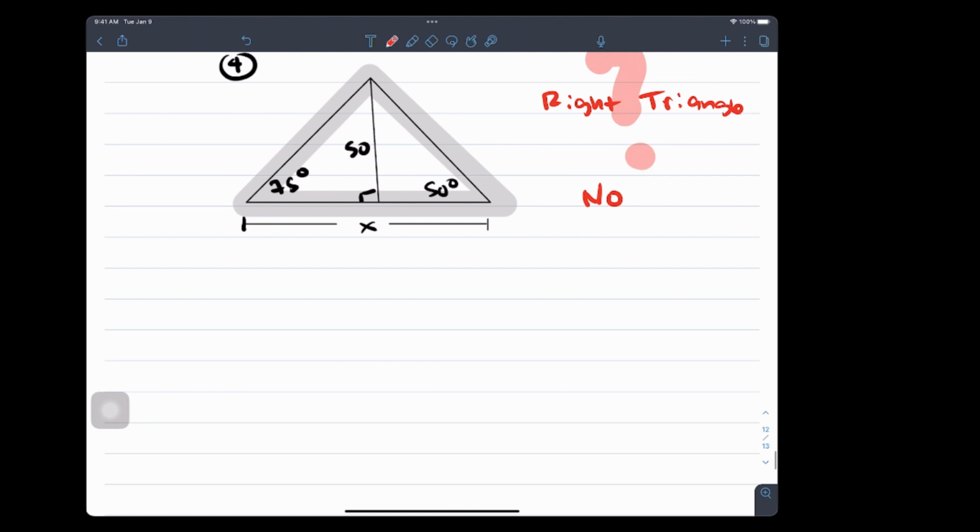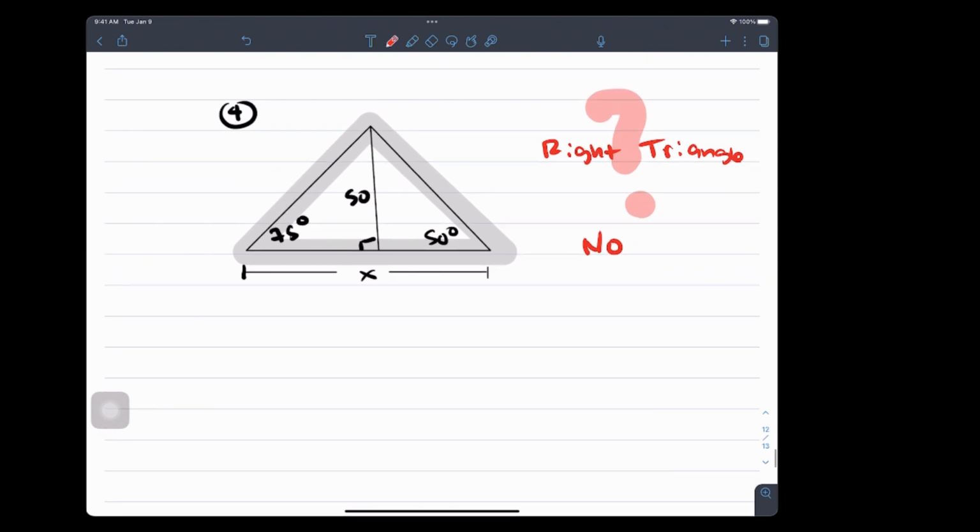Now, did anybody get a value of x? What is your approach? Anybody have a nice approach from geometry? What's the geometry approach? If this is a right triangle, this is another right triangle. Is that right? So here's the geometry approach.